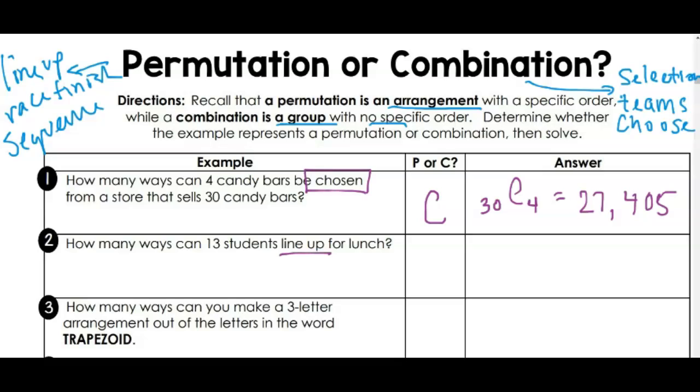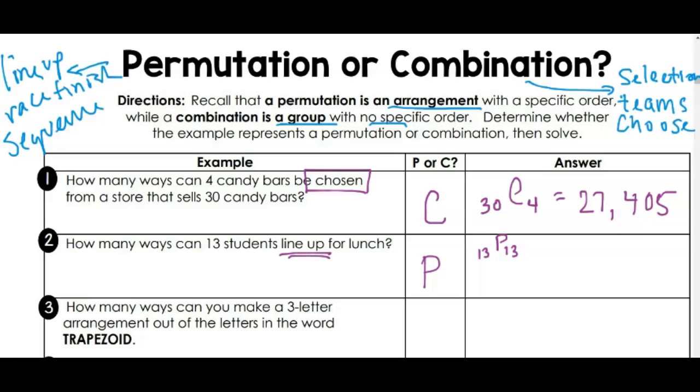Now, in the next one, we wonder how many ways can 13 students line up for lunch. Everyone's going to go to lunch here, so the key phrase we can see is line up. That means that the order matters, right? It matters whether you're first or last when it goes through the lunch line. The idea here is that this is going to be a permutation. We're going to count all of those, and all 13 get ordered.